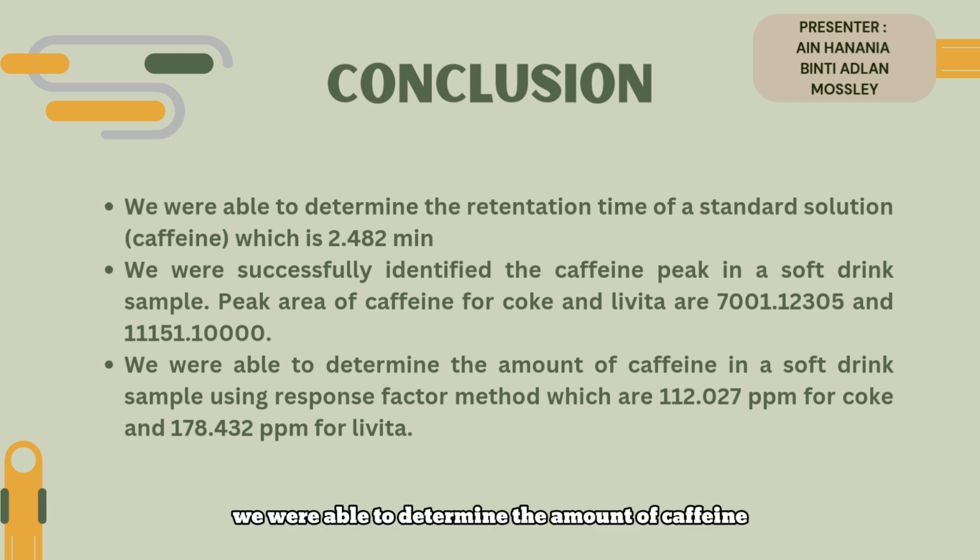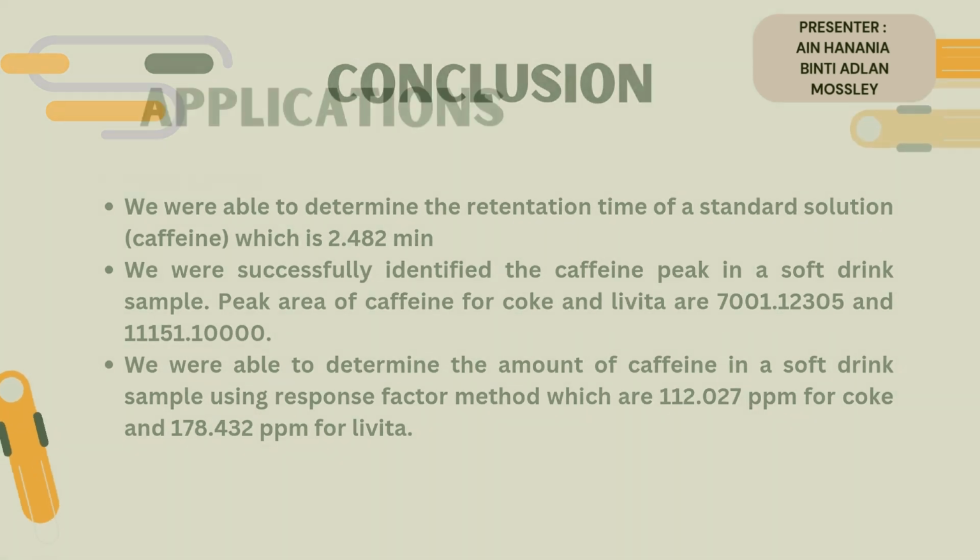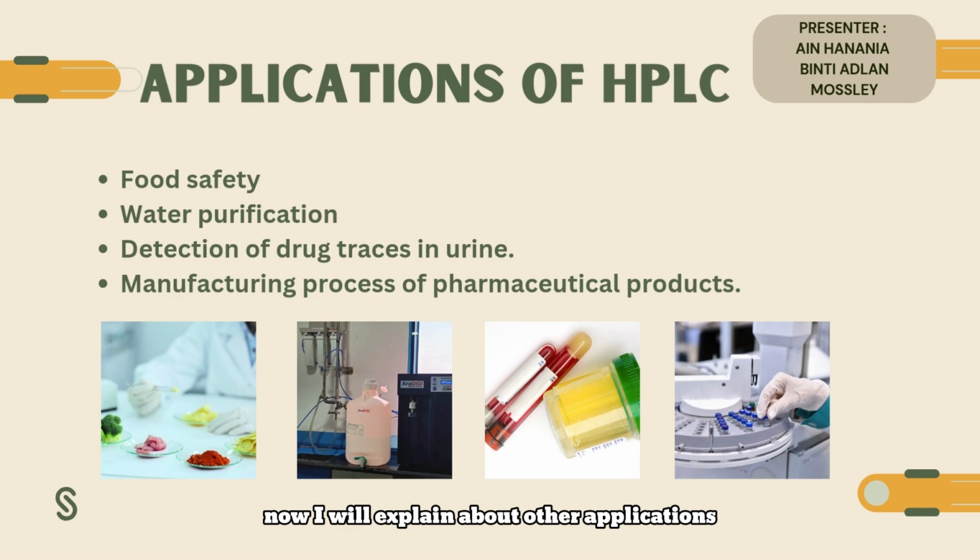Lastly, we were able to determine the amount of caffeine in a soft drink sample using the response factor method, which are 112.027 ppm for Coke and 178.432 ppm for Levita. Now, I will explain other applications of high-performance liquid chromatography (HPLC).